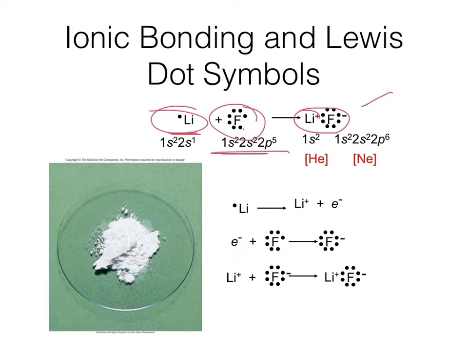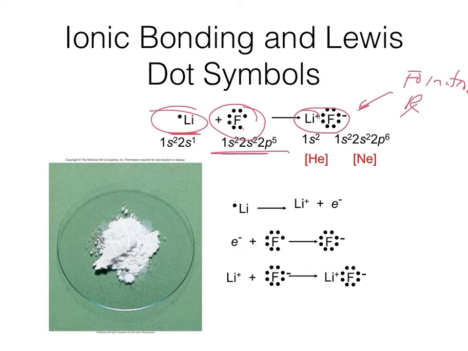Really, what we have here, I want to point out, this would be the formation reaction. That's how we form lithium fluoride. Lithium plus a fluorine atom, notice fluorine atom, forms lithium fluoride.